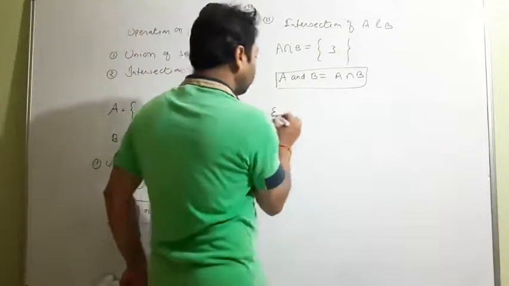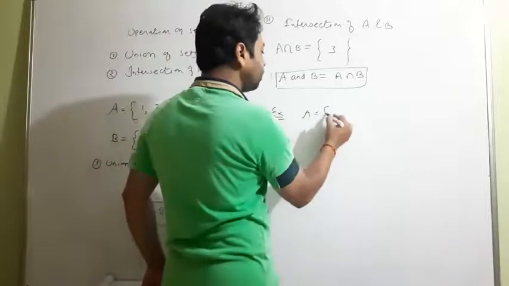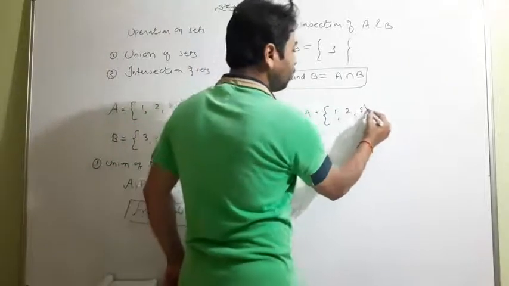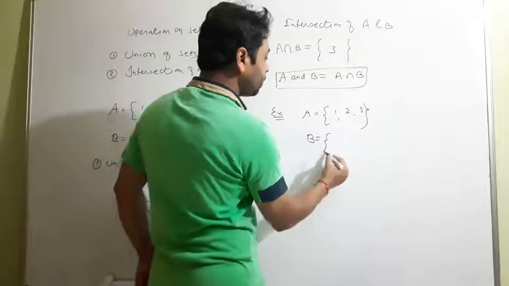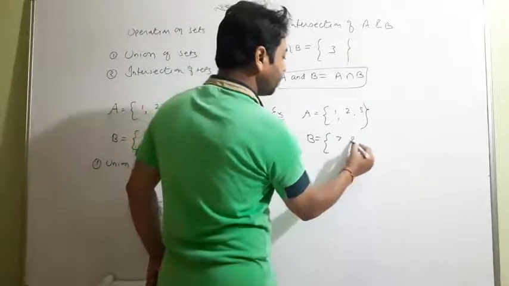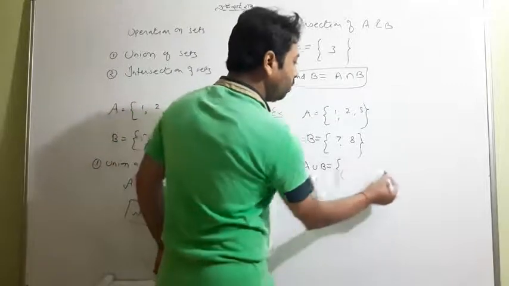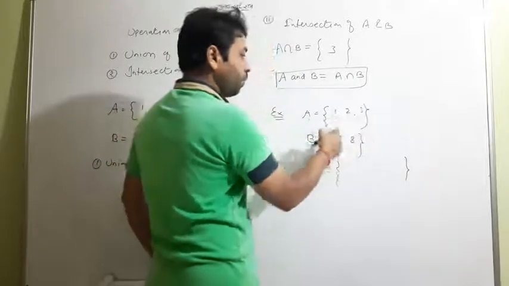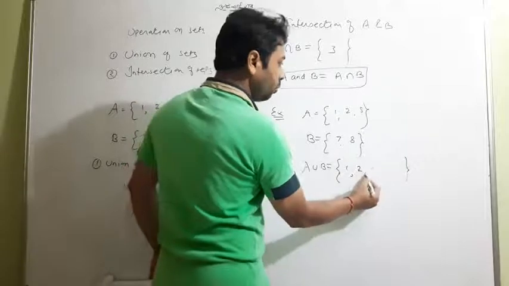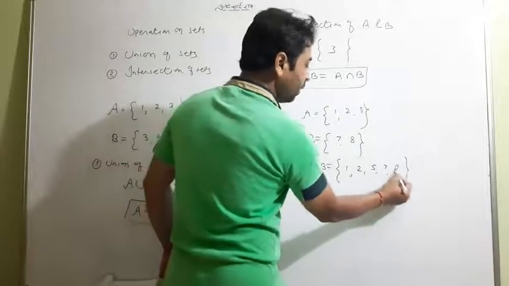One more example I would represent here. Suppose A is 1 to 5 and B is 7 and 8. And I ask you what is A union B. A union B means all the elements of A and B: 1, 2, 3, 4, 5, 7, 8.